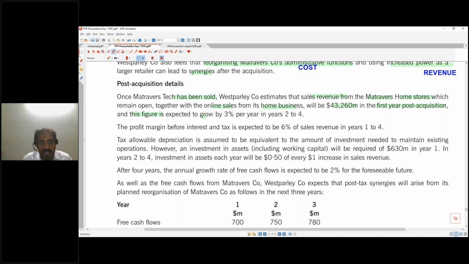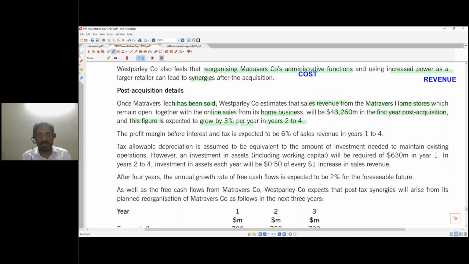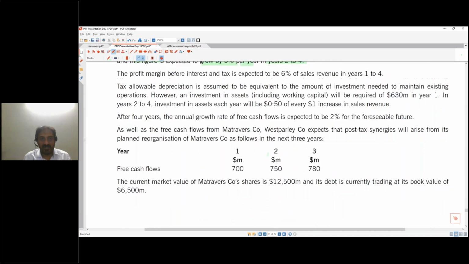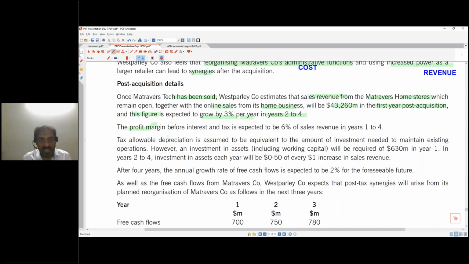This figure is expected to grow 3% per year in years 2 to 4. This is once again a very routine, normal practice element. The profit margin before interest is expected to be 6% of sales revenue, years 1 to 4.